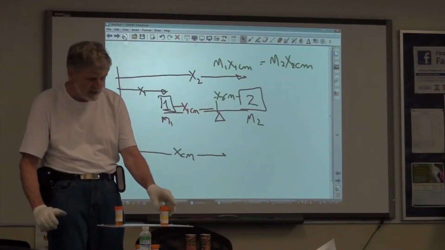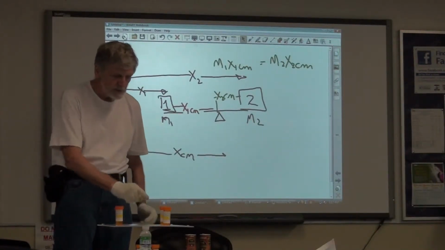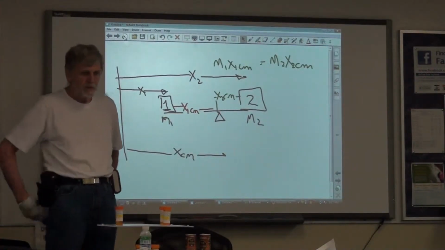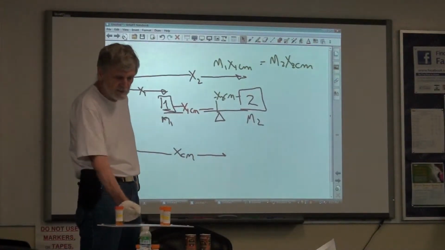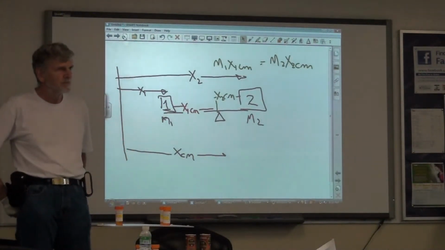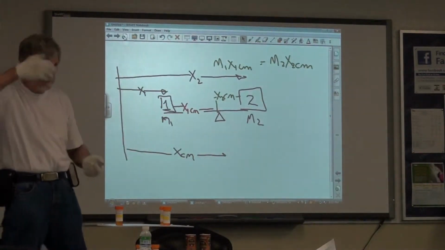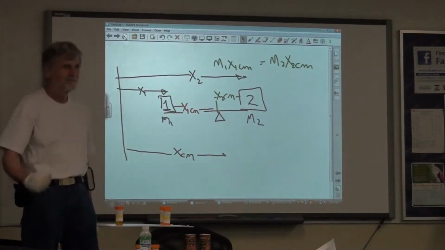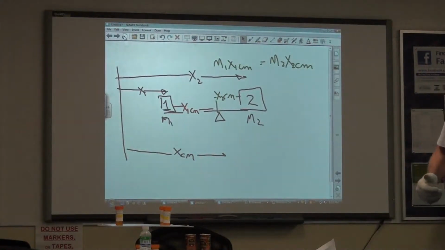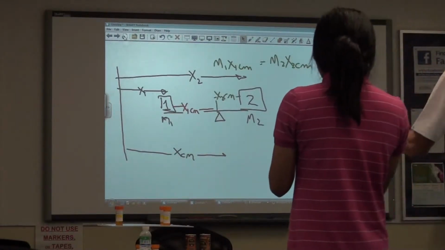And we achieve balance. So this weight is twice as far as that one because it's only half as much. So this mass times this lever arm is equal to that mass times that lever arm. All right, we're going to record this for all posterity.